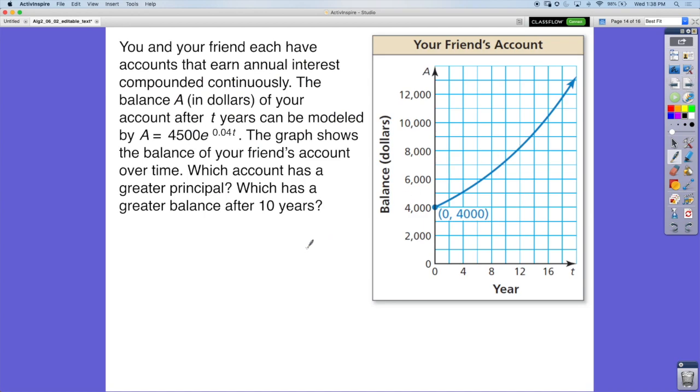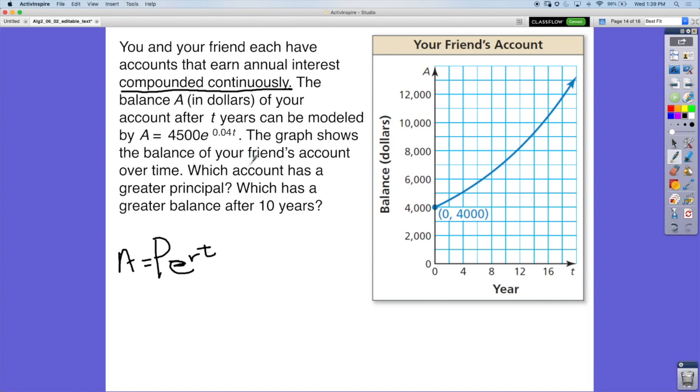Okay, so watch this. You and your friend have accounts that earn compounded continuously. Anytime you see something that says compounded continuously, you know that it's a PERT problem. P, E, R, T, A equals.